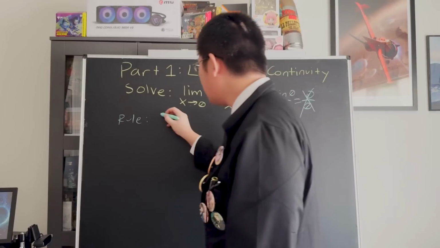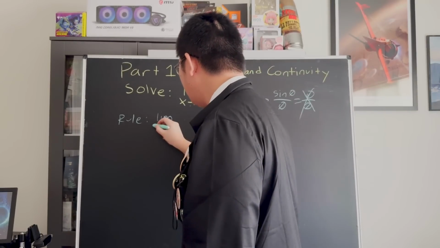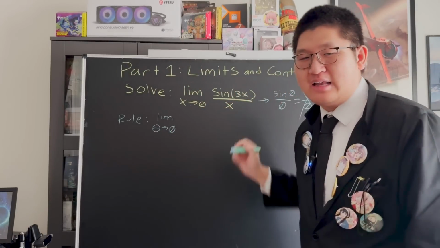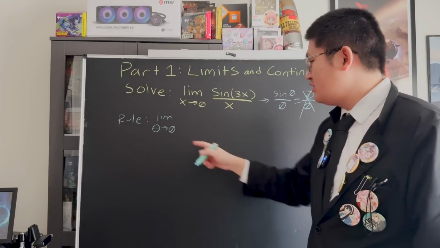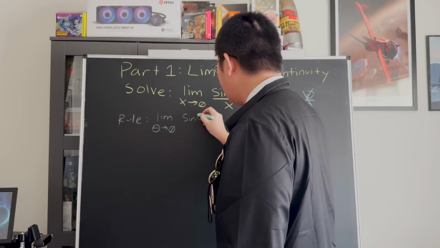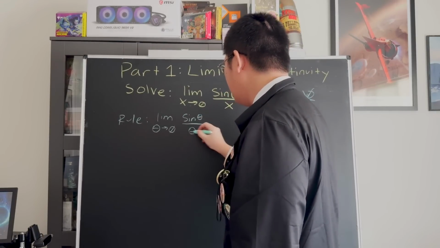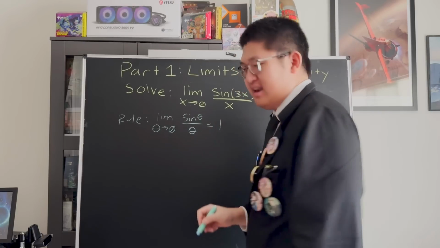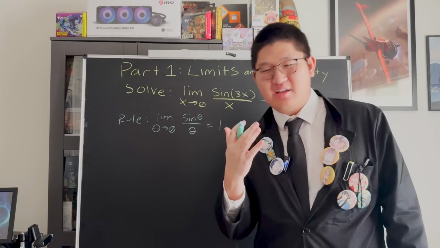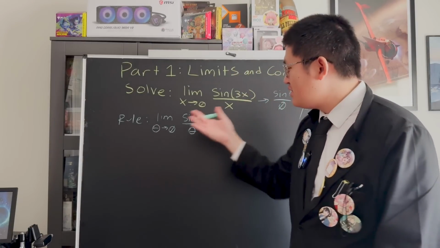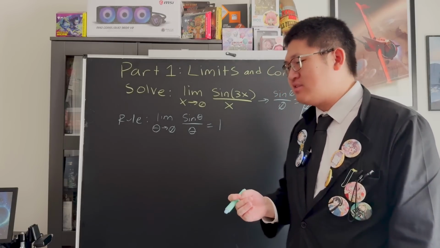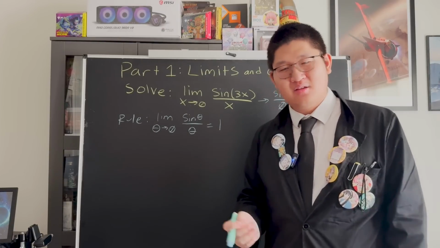Our rule clearly states that if we have a limit and we use the variable theta to show that we're dealing with an angle inside of the sine function, so if theta approaches 0, of our sine of theta over theta, we get 1. That is the rule. There's other ways to look at this, but for the simplest case, that is simply a rule which we can use to reach our endpoints for our limits here.